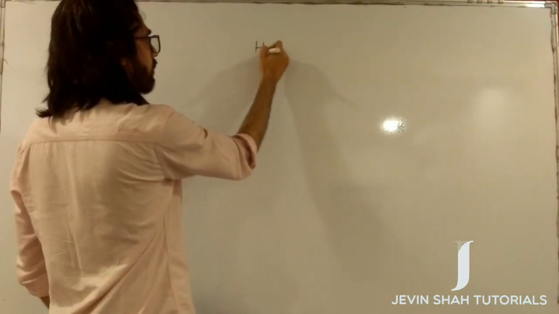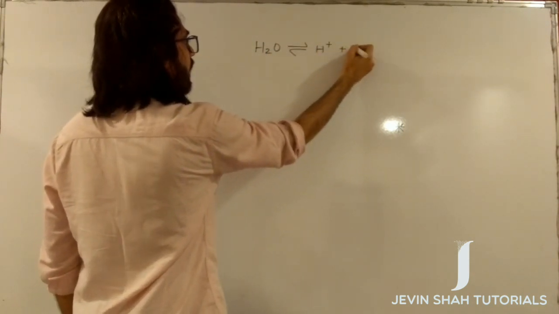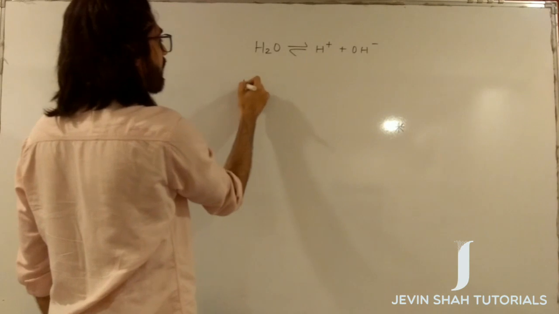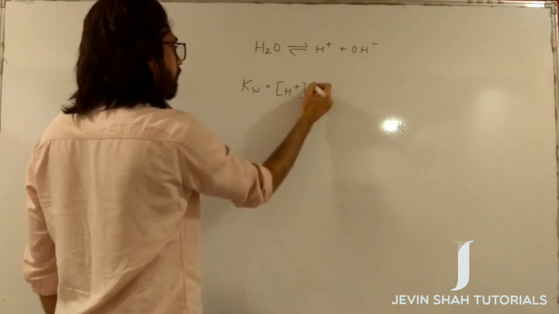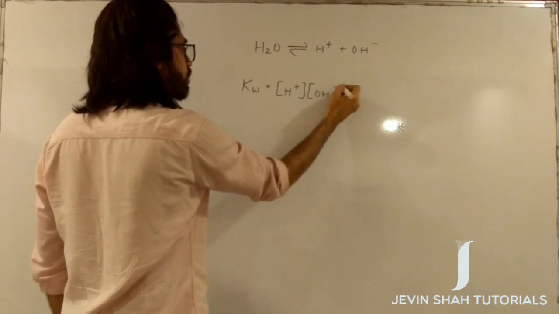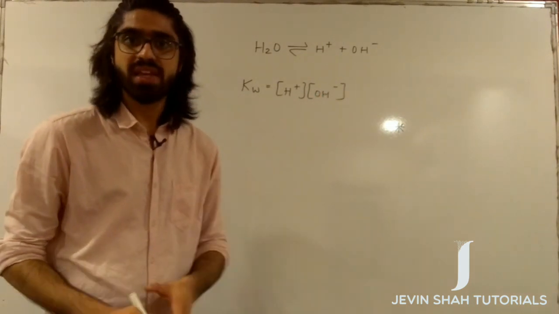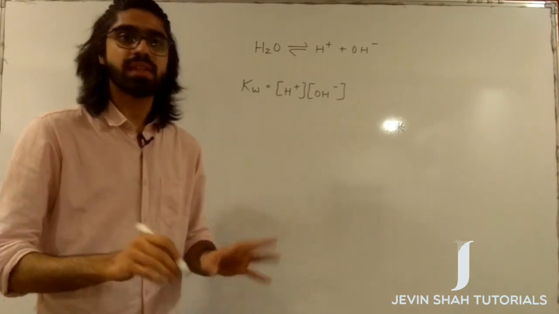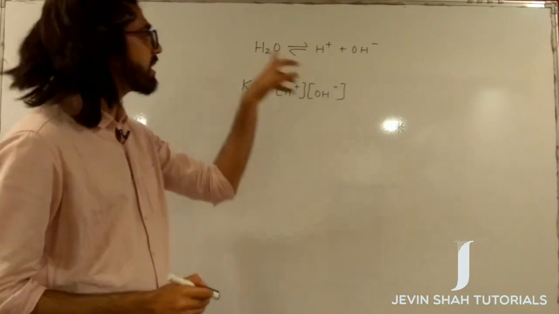If it was pure water, the dissociation was H plus plus OH minus, and you were able to write the Kw value as H plus into OH minus. In the same solution, let us put acetic acid, and we know that acetic acid is a weak acid. Now instead of acetic acid, take in general any weak acid. So take a weak acid and put it in the same solution.